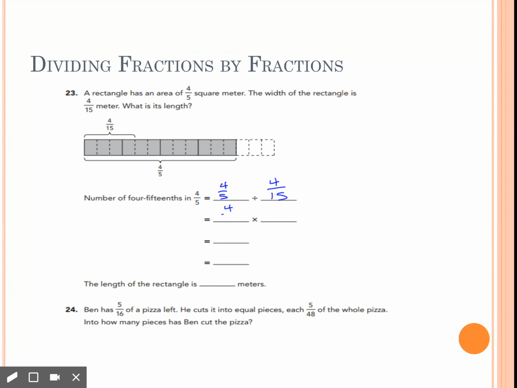So I'm keeping my first fraction, 4/5, and multiplying times 15/4. 4 times 15 is 60. And 5 times 4 is 20. So now I'm doing 60 divided by 20 to simplify that down. And 20 goes into 60 3 times with no remainder. So my answer is 3 meters.